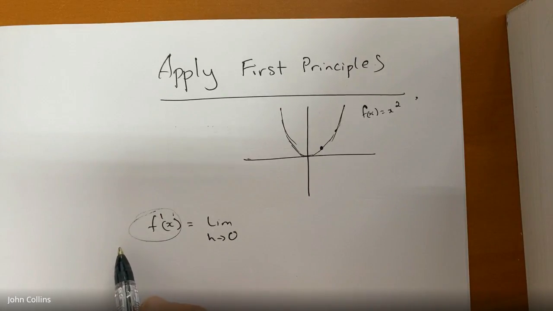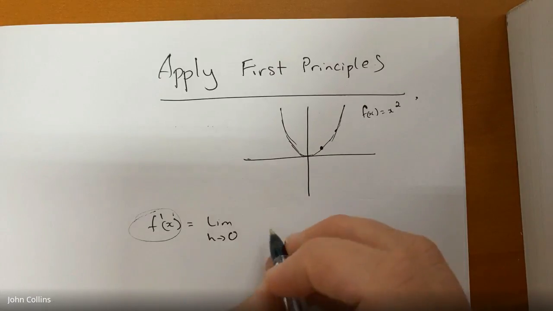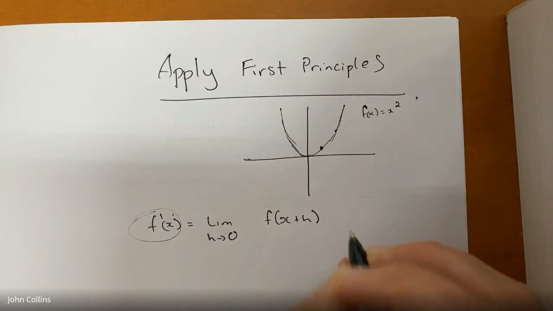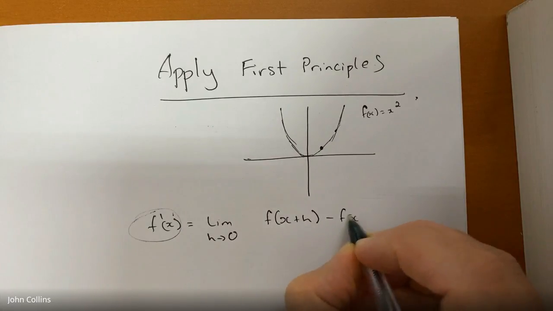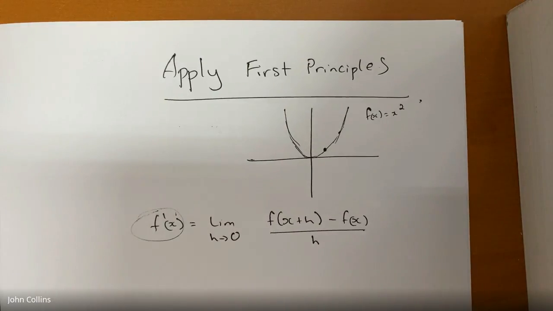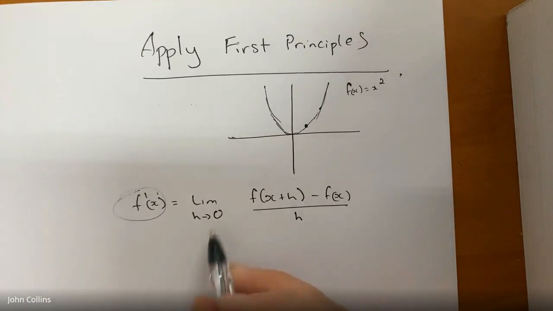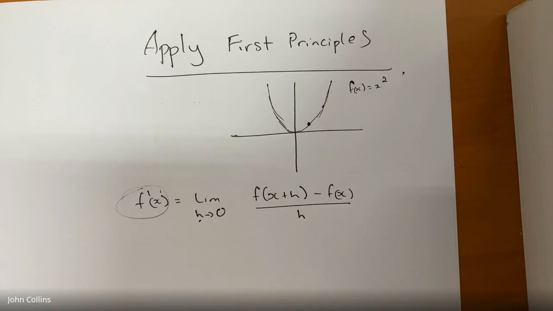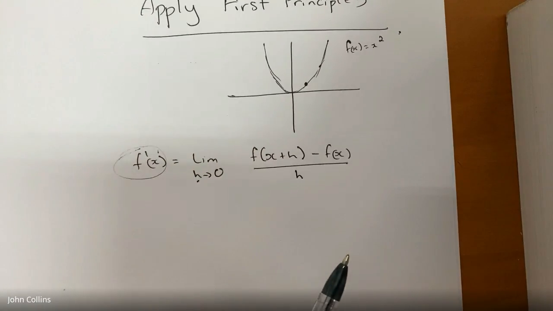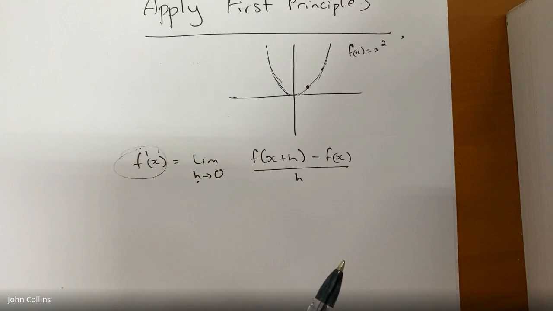It is the gradient function I'm trying to find. And to do that, I need to do f(x plus h) minus f(x), so the change in y over the change in x, which we know is h from before. I'm going to find the limit as h gets to 0, as the distance between the 2 points gets to 0. And that slope will be the gradient function. It will be the slope of all points.